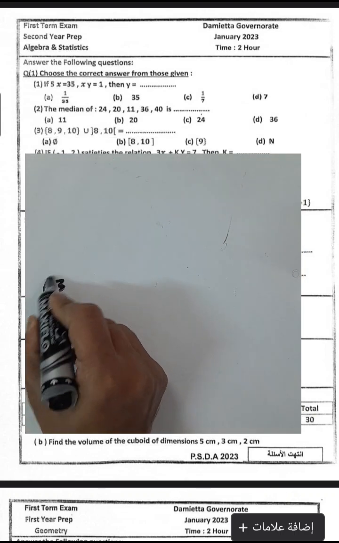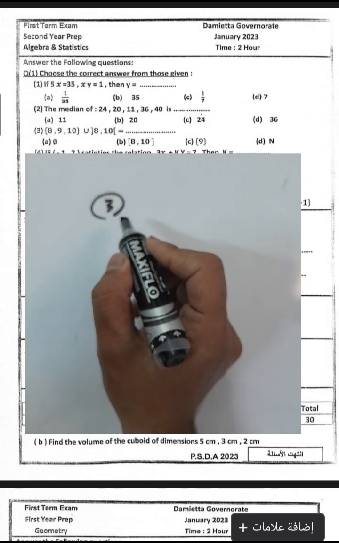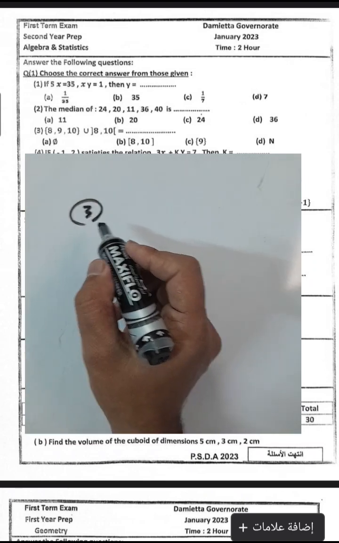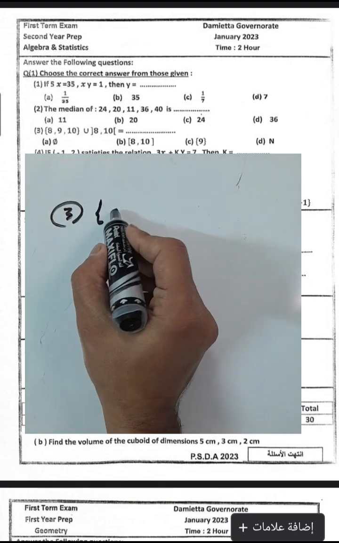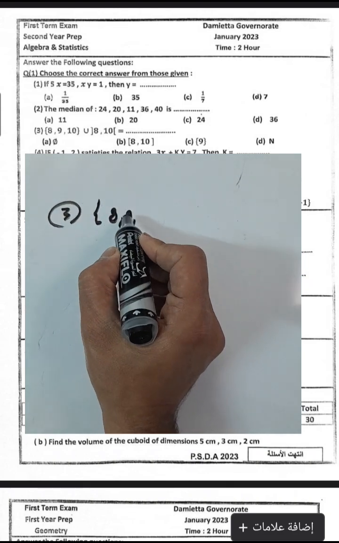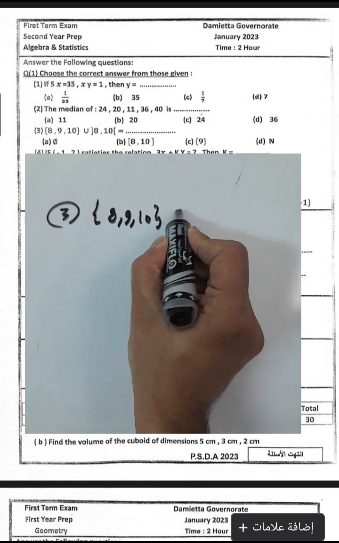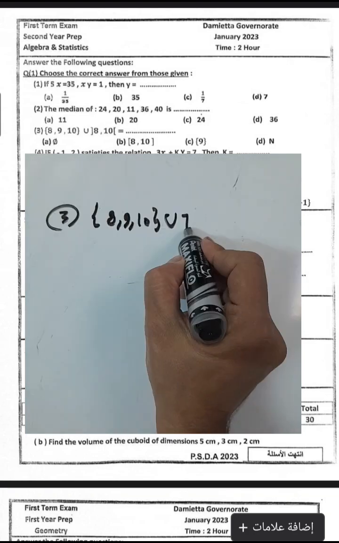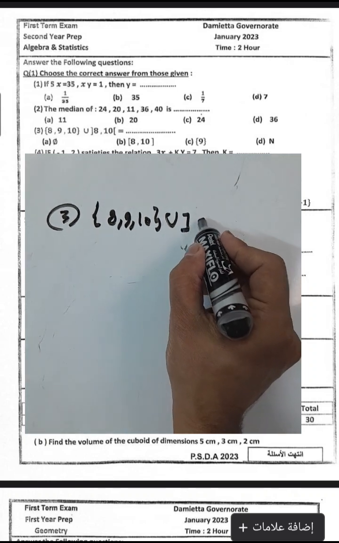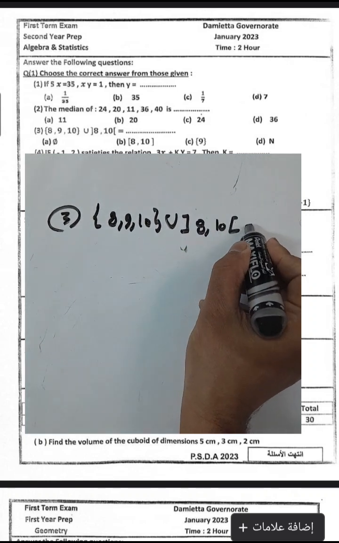Next question, number 3. The set of 8, 9 and 10 union the set of this interval. Okay, union to the interval 8 and 10, what will it equal?